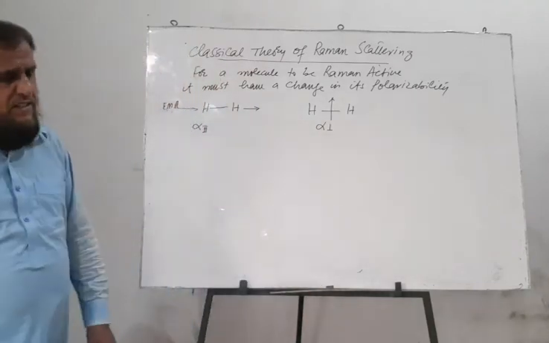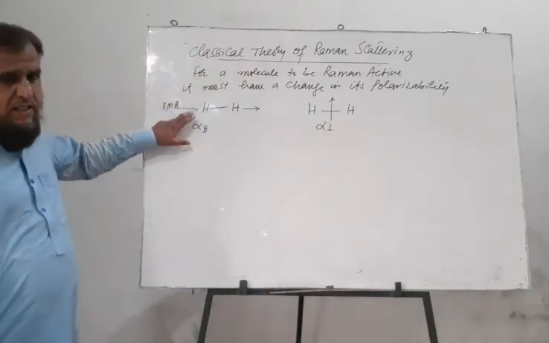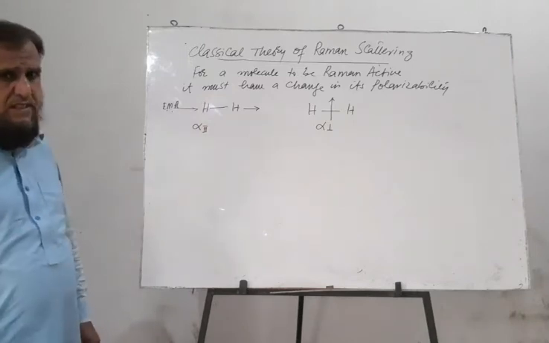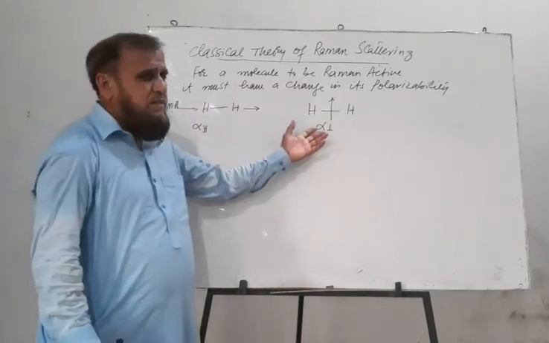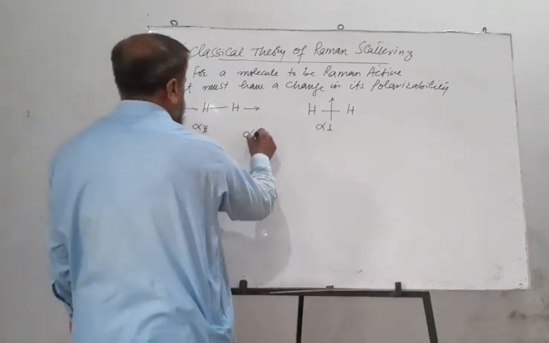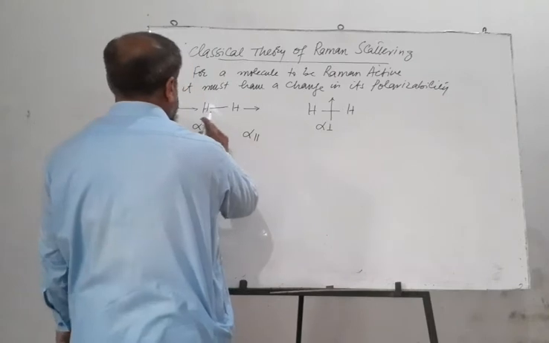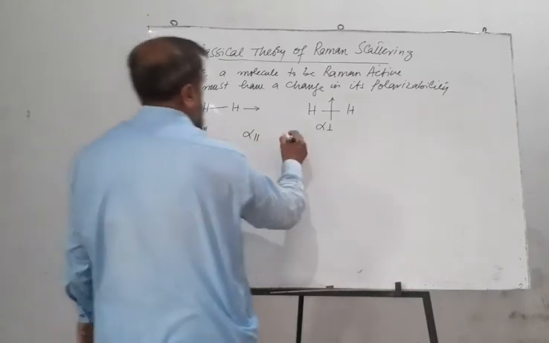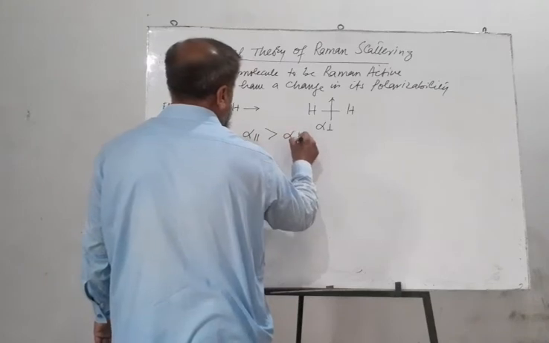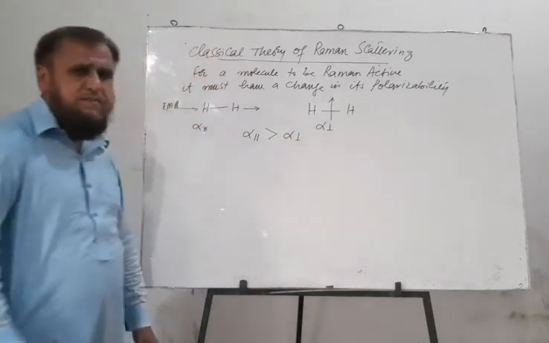We had already discussed that polarizability along the bond axis is very high, and polarizability perpendicular to the axis is low. It means that alpha parallel is greater than alpha perpendicular.